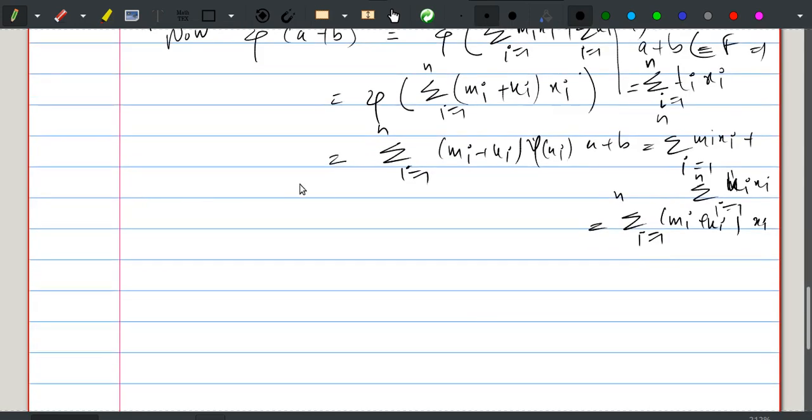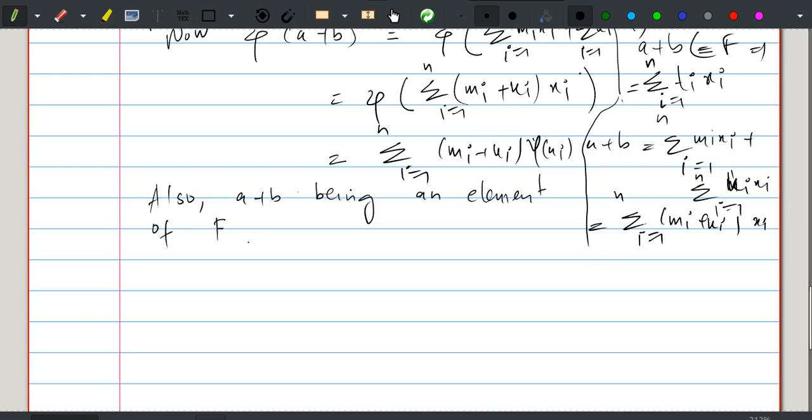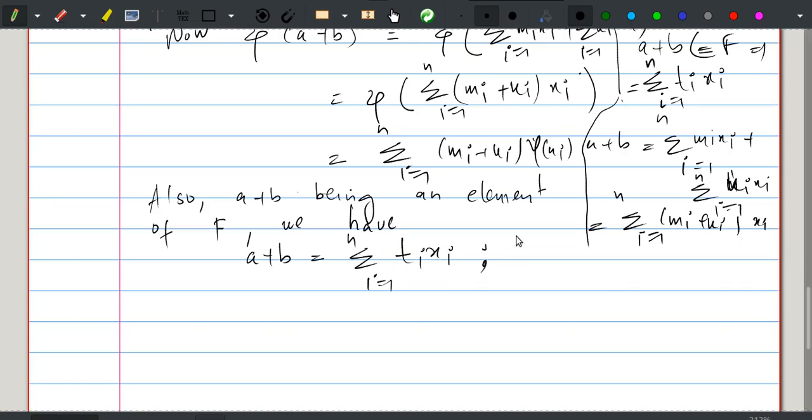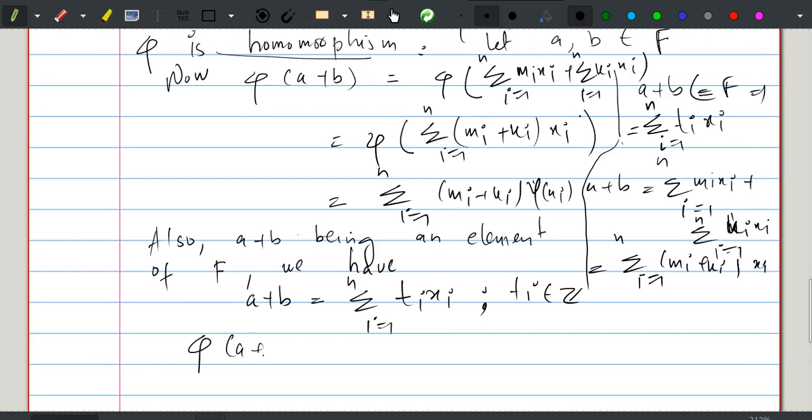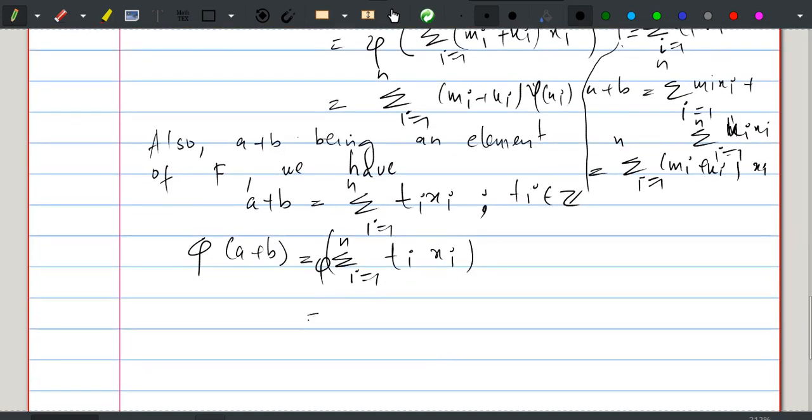Also a plus b, being an element of F, we have a plus b is the sum i runs from 1 to n of ti xi, where ti belongs to Z. So therefore phi of a plus b will be equal to sigma i runs from 1 to n of phi of ti xi.